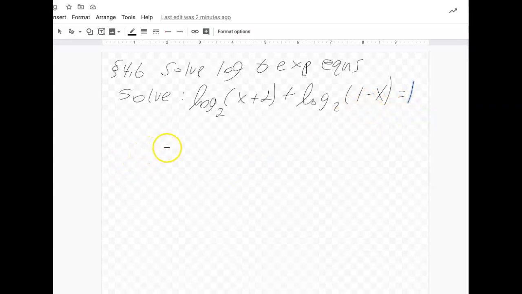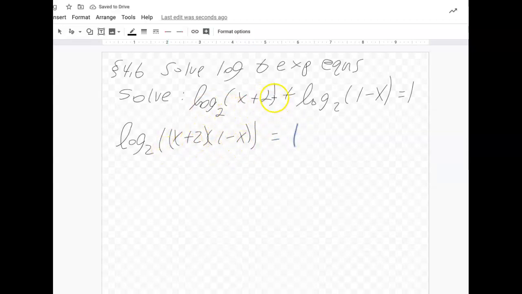So in this example, we have two logs on the left side and a constant on the other side. And so since it's not a log on each side, I have to put these logs as a single log. So on this left side, I can express it as log base 2 of x plus 2 times 1 minus x equaling 1.